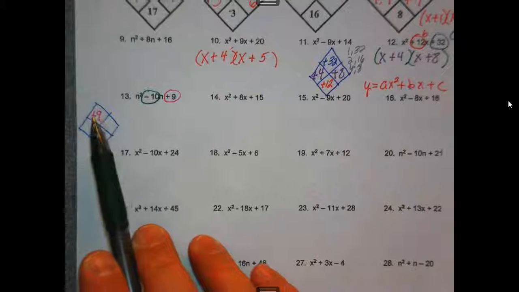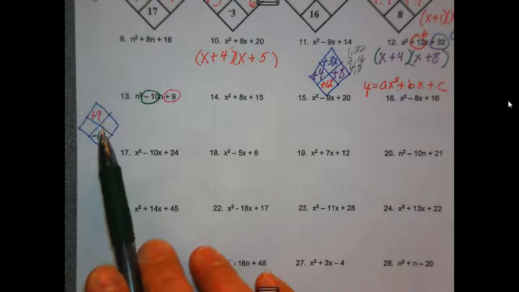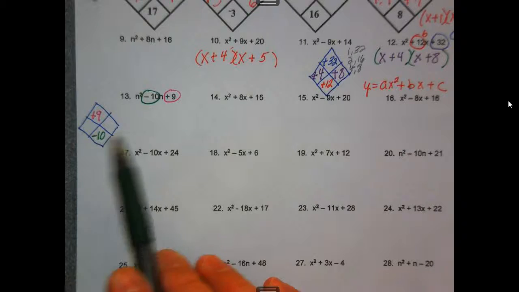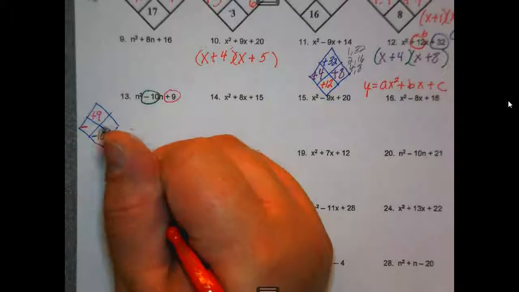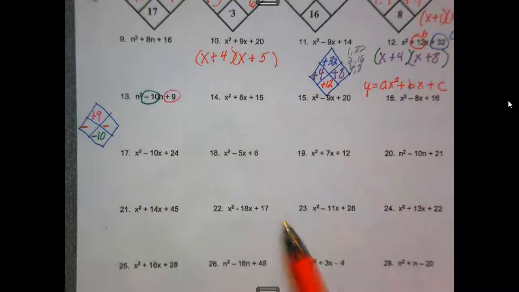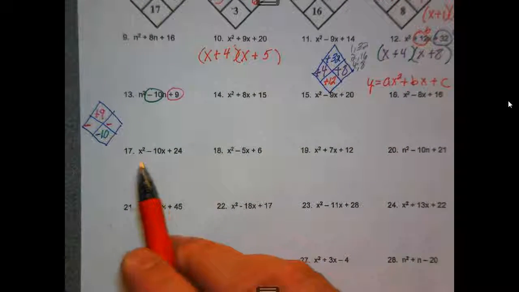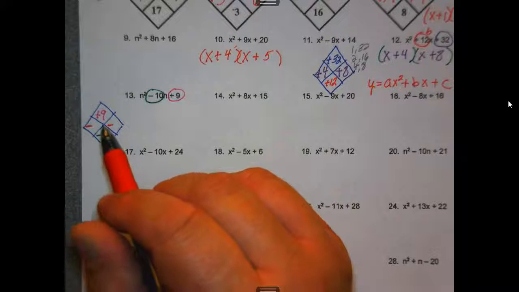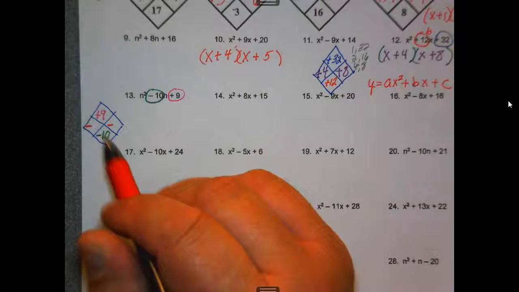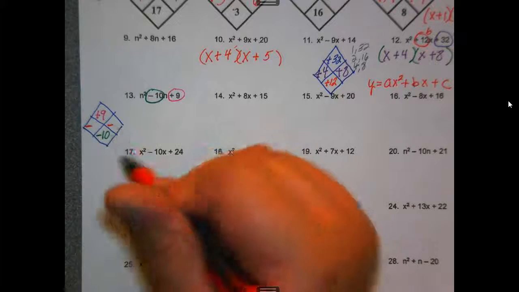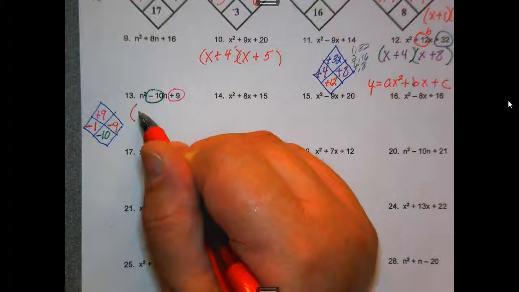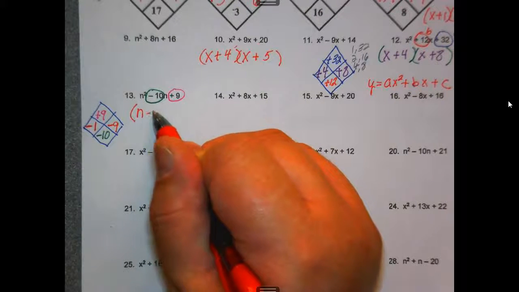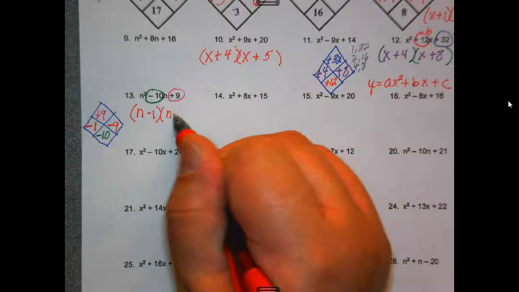So I have two numbers that are going to multiply to a positive and add up to a negative, so they're both going to be negative. A negative times a negative is a positive number. Factors of 9: 1 and 9, and 3 and 3. We're adding them, so it's going to be 1 and 9. Those are my factors: n minus 1, n minus 9.